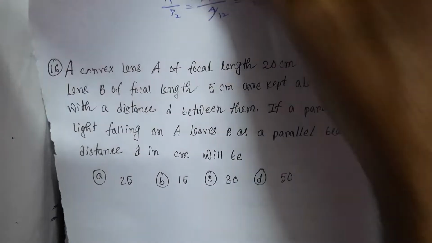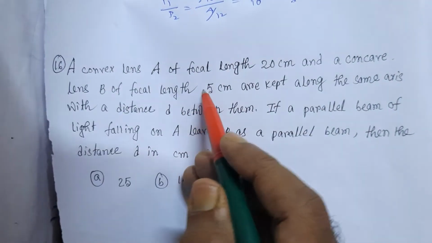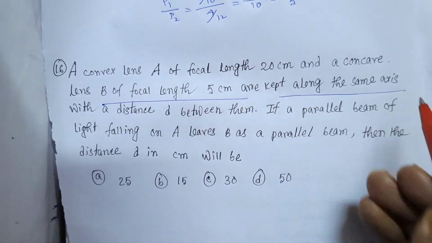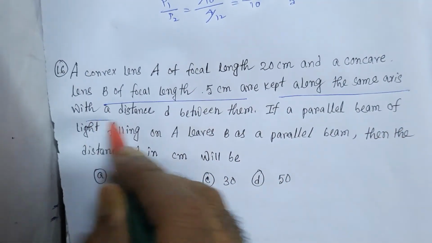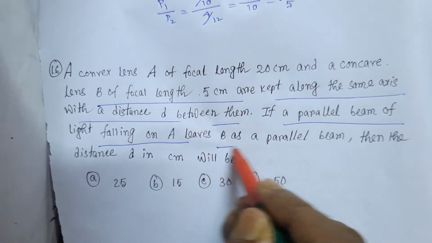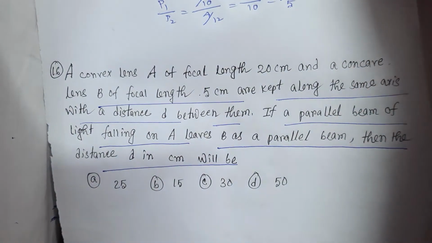Now let us consider the question number 16. A convex lens A of focal length 20 centimeter and a concave lens B of focal length 5 centimeter are kept along the axis with a distance d between them. If a parallel beam of light falling on A leaves B as a parallel beam, then the distance d in centimeter.